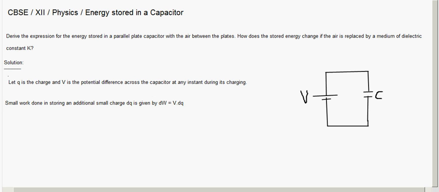So we can write q is equal to CV, or V equal to q by C. So we can substitute that here: dW is equal to V, that is q by C, into dq.